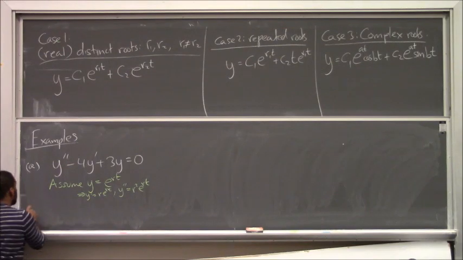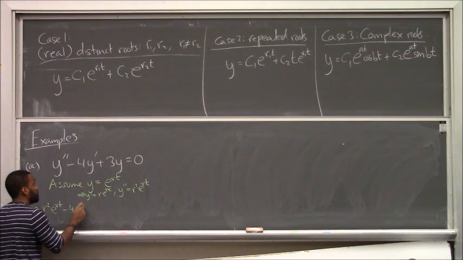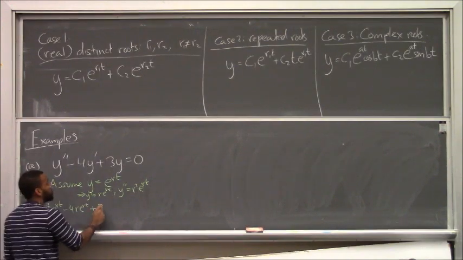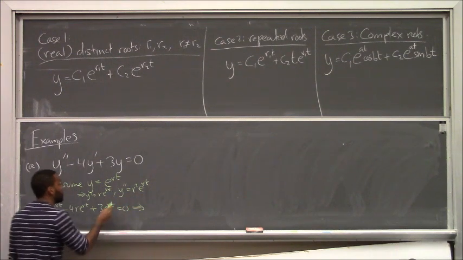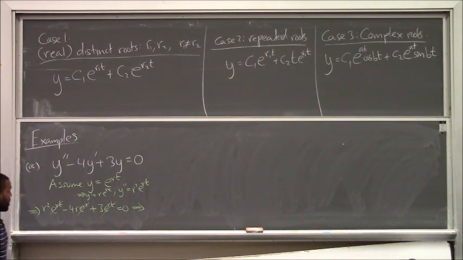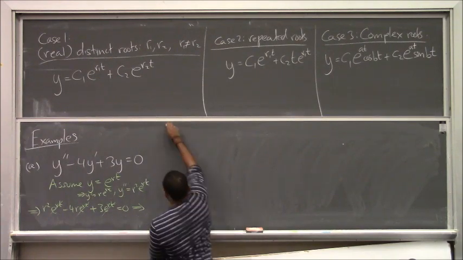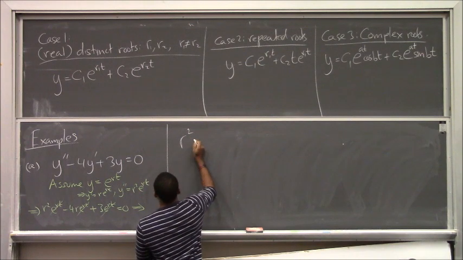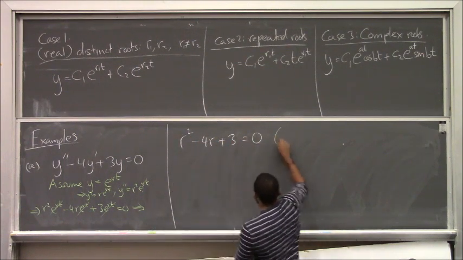You plug those all in here, you get r squared e to the rt minus 4r e to the rt plus 3 e to the rt equals 0. You can divide both sides by the exponential because it's not going to be 0, and you will obtain the characteristic equation, which is r squared minus 4r plus 3 equals 0. This is the characteristic equation.